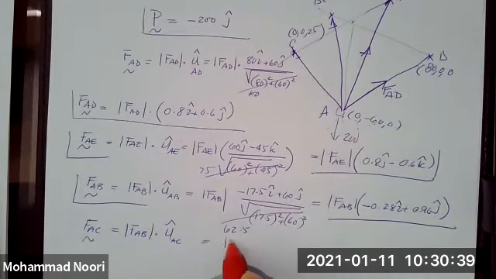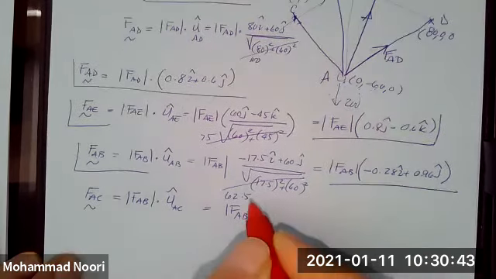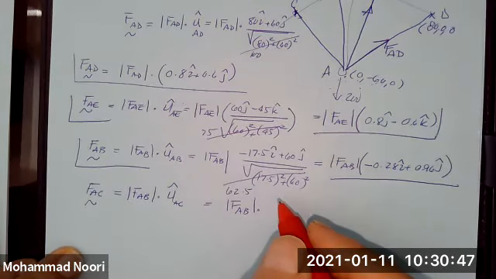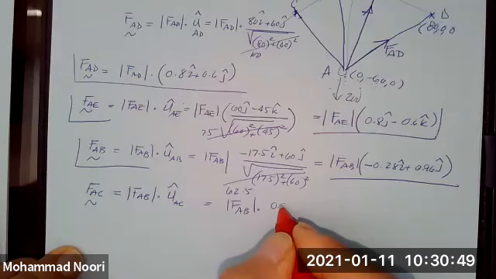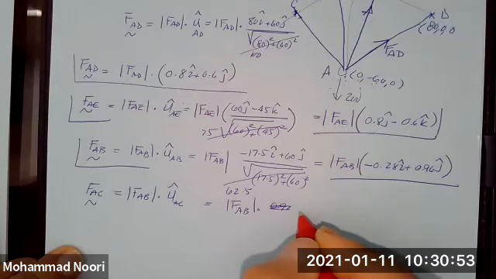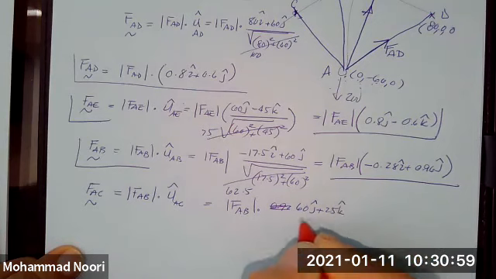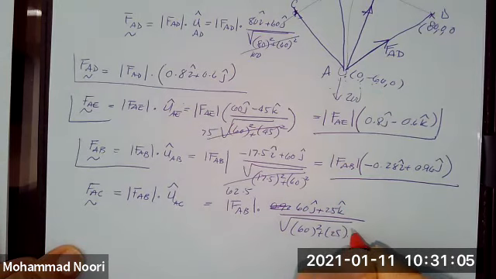So it would be the magnitude of AB times 0.92 J plus 25 K divided by the square root of 60 squared plus 25 squared.